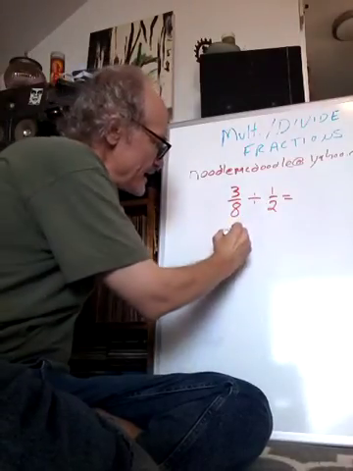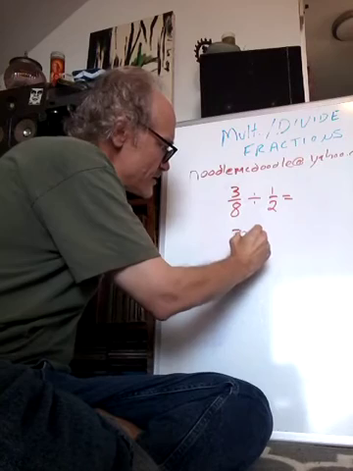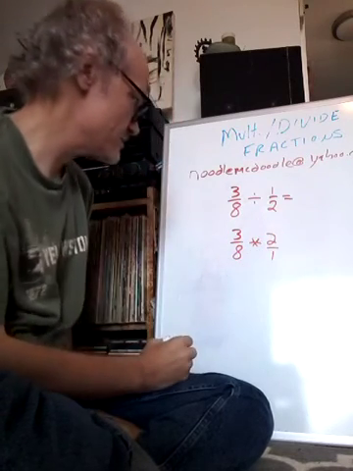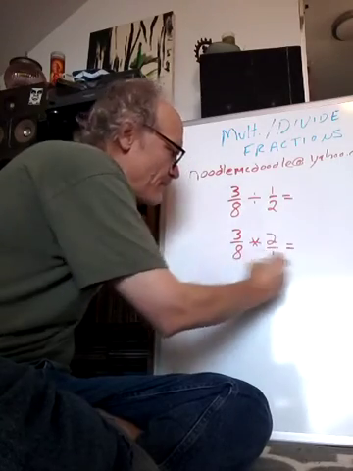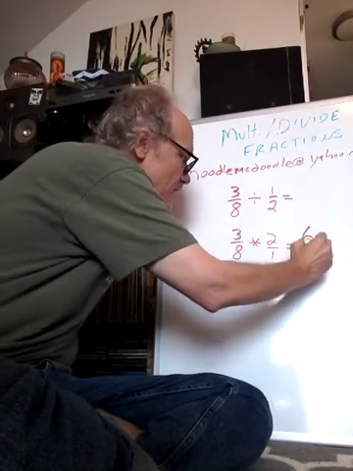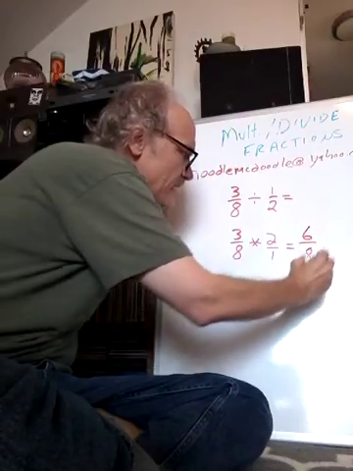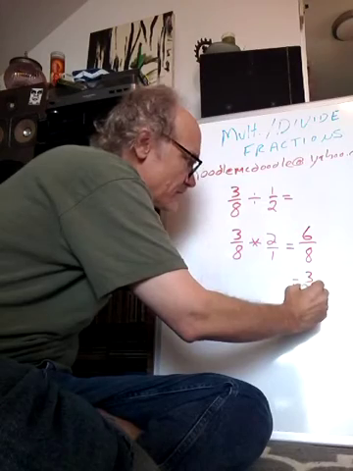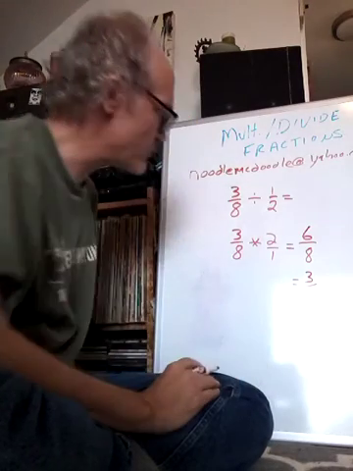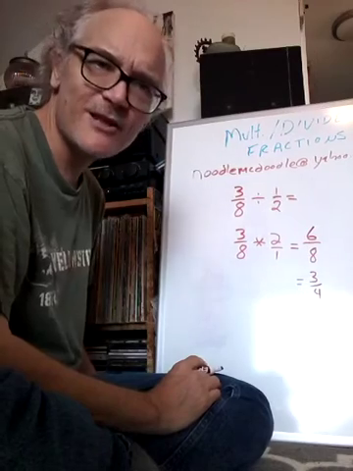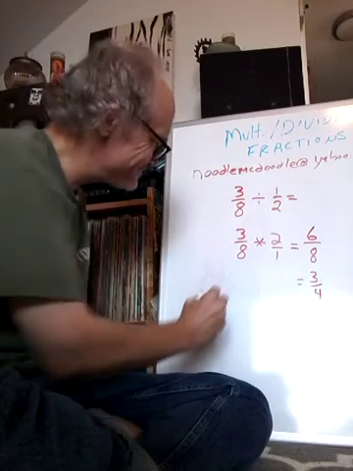All right, I keep, change this to a multiply, flip. Now, when I multiply across, 3 times 2 is 6, 1 times 8 is 8. And I could reduce that, divide both top and bottom, and I get 3/4. That's interesting. Let's look at it graphically just for fun.